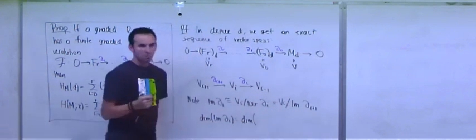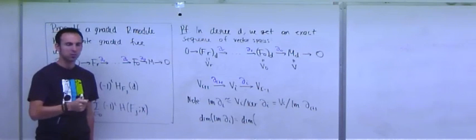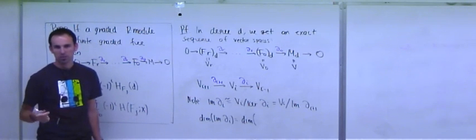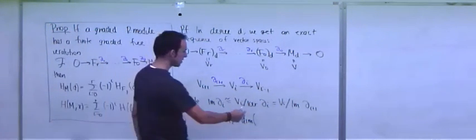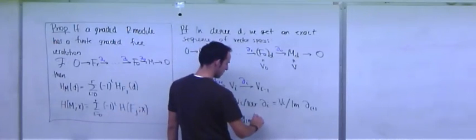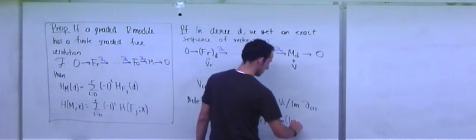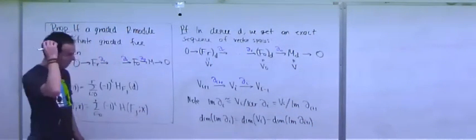But remember, what is the dimension of a quotient? The dimension of V mod W is equal to the dimension of V minus the dimension of W. This is a fact about linear algebra. So that means that the dimension of this is the dimension of Vi minus the dimension of the image of delta I plus 1. Okay?